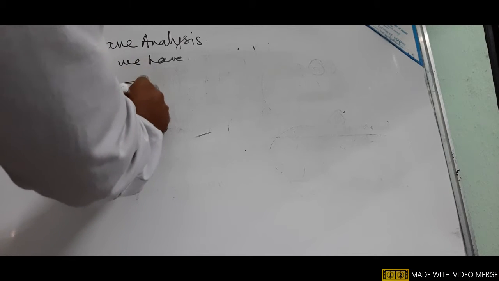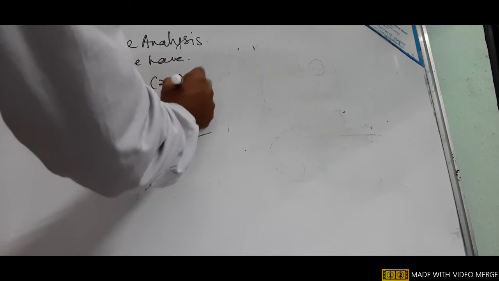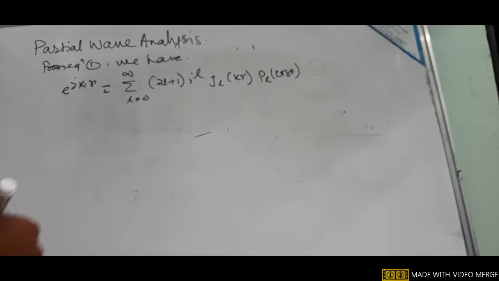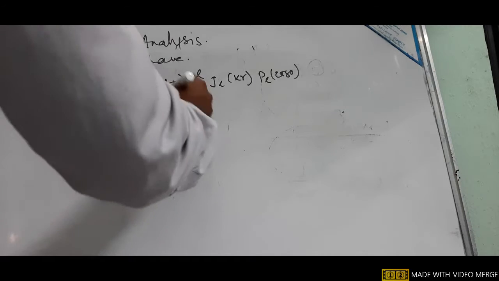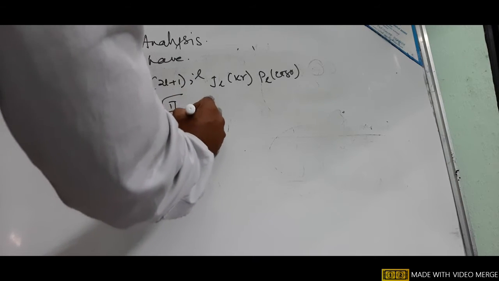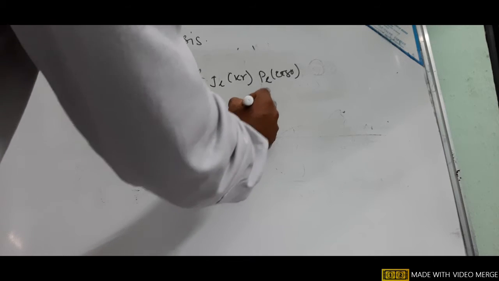It is written as the summation over L equal to 0 to infinity of (2L+1) i^L j_L(kr), that is the spherical Bessel function, and then the Legendre polynomial P_L(cos θ). The spherical Bessel function j_L(kr) can be written as √(π/2kr) J_(L+1/2)(kr). This is equation 9.